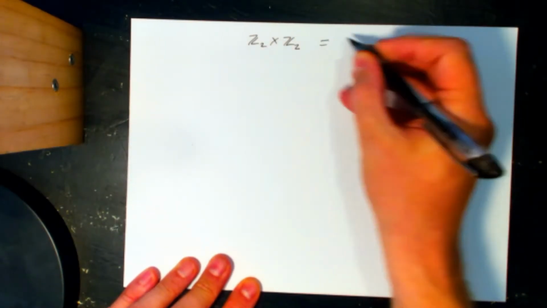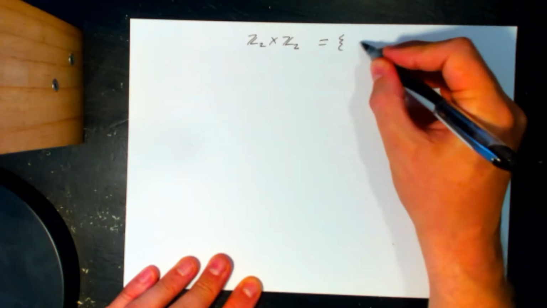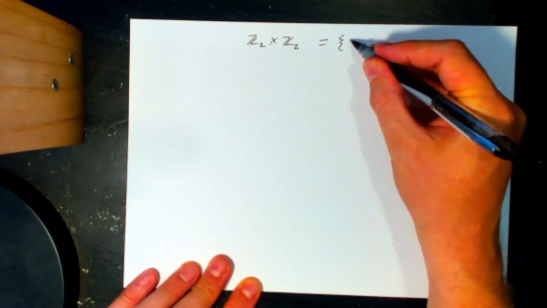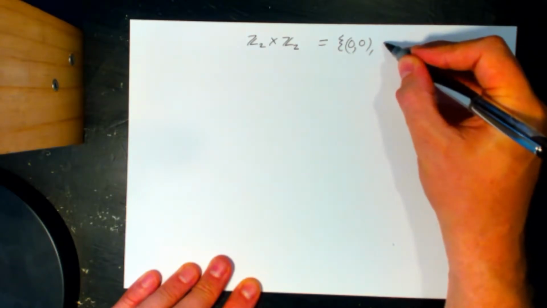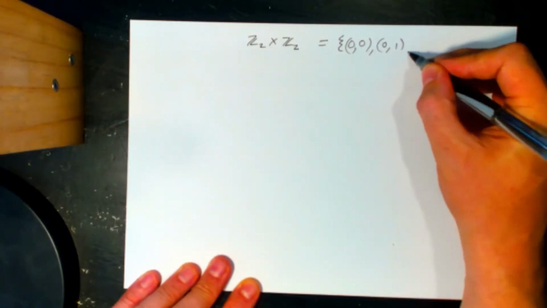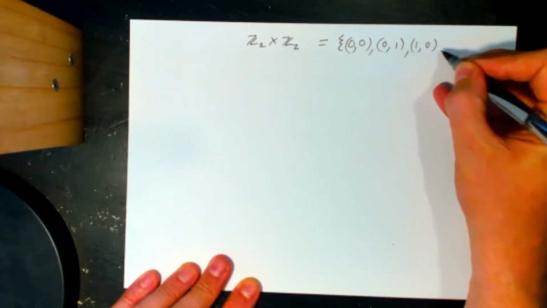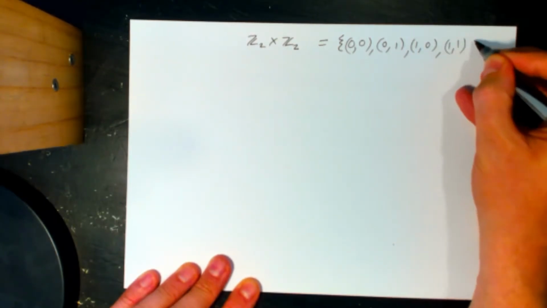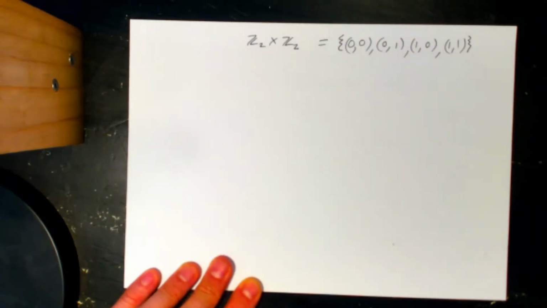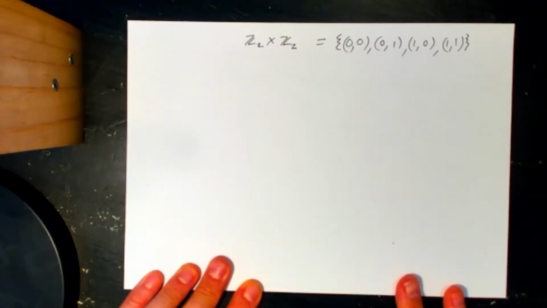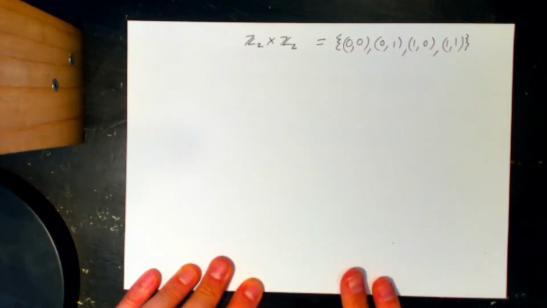The Cartesian product consists of all of the pairs: we have 0, 0; 0, 1; 1, 0; and 1, 1. So 4 elements. This is the Cartesian product of integers mod 2 with integers mod 2.